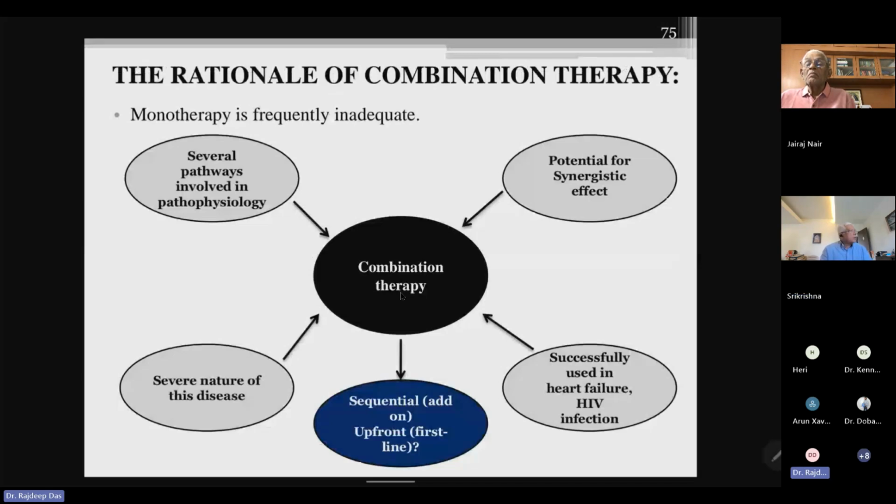The potential of various drugs with synergistic effects is always helpful, and the severe nature of the disease can be treated with combination therapy. For WHO functional class 3, we can start with ambrisentan and tadalafil with a class 1 indication, while the endothelin receptor antagonist and phosphodiesterase 5 inhibitor combination is a class 2A indication.